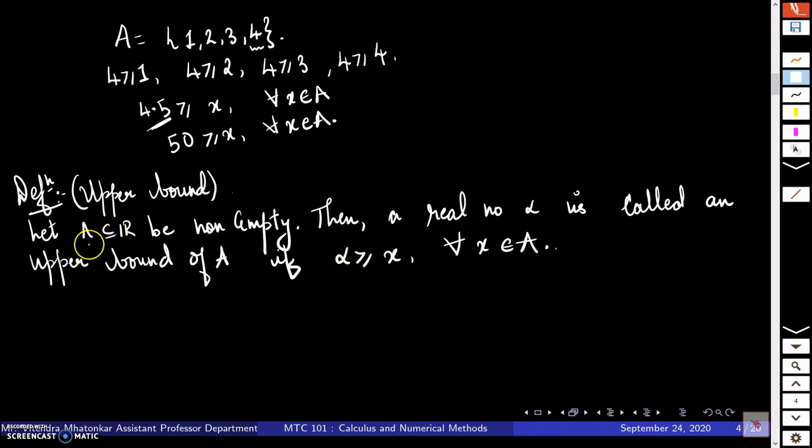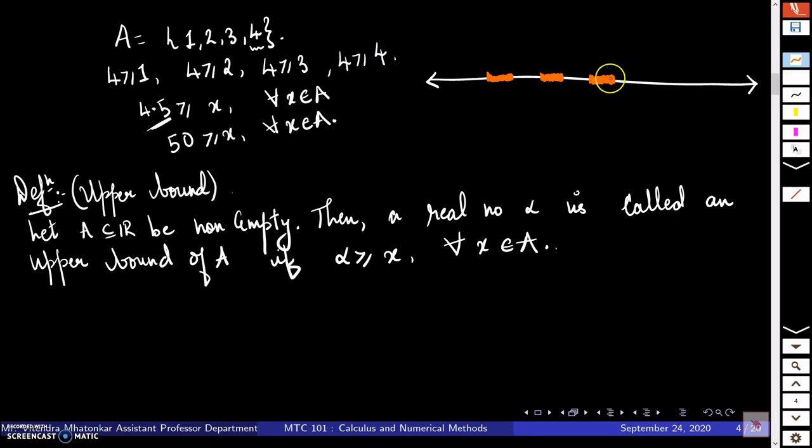Now this capital A set here is an arbitrary subset of R, so it can be anything. If you look at the idea of upper bound geometrically, it means this. Suppose I have the real line, and on this real line I will mark the set A. Let's say the points which I'm marking in red are the points of A. A is an arbitrary set.